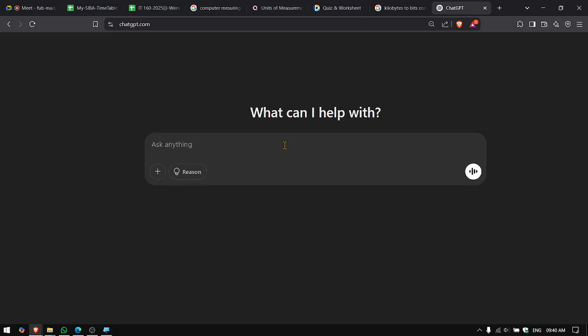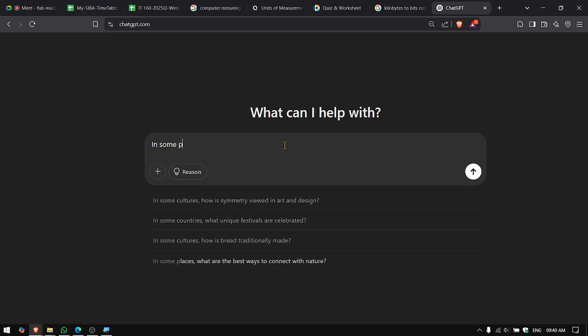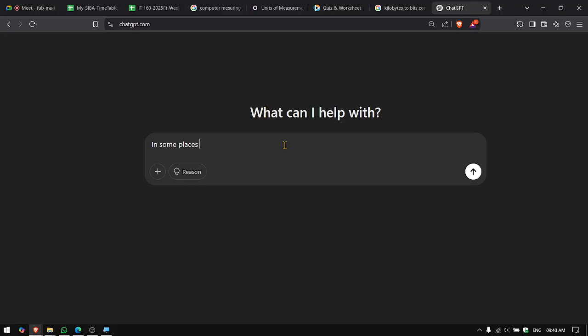Let's ask it: in some places they convert 1 kilobyte to bytes like this: kilobyte multiplied by 1024 equals bytes.